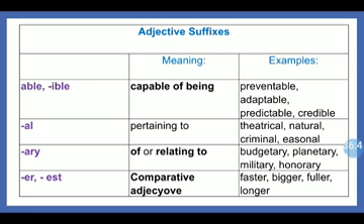Now this one you should know. When you see er, there are two. We have er that relates to persons, and there's also er that relates to an adjective. If you see it in a word such as bigger, smaller, then we know it's an adjective. These are what we call comparative adjectives.